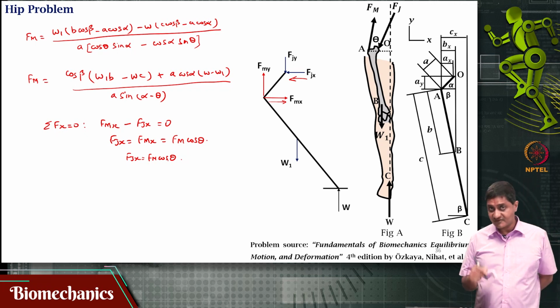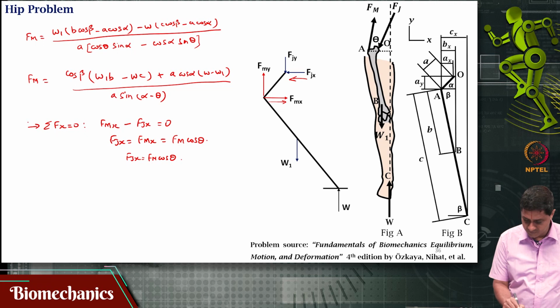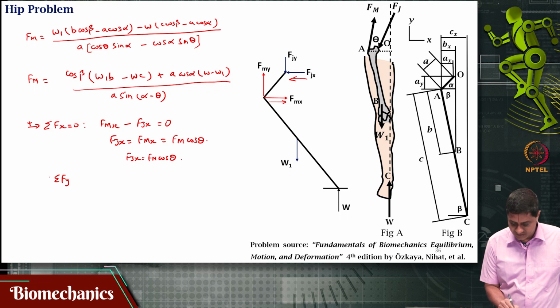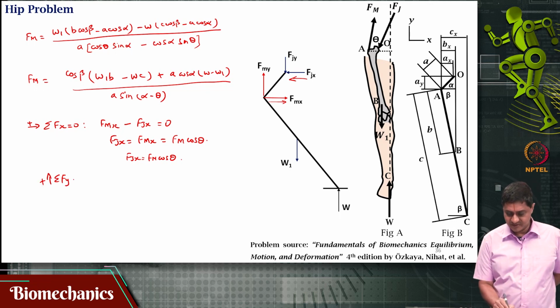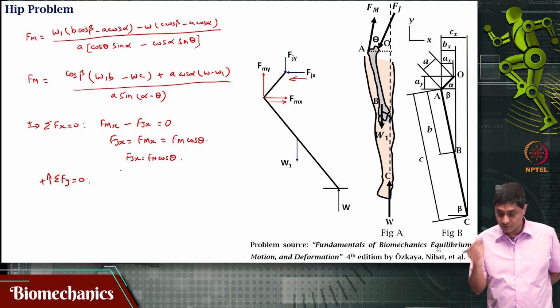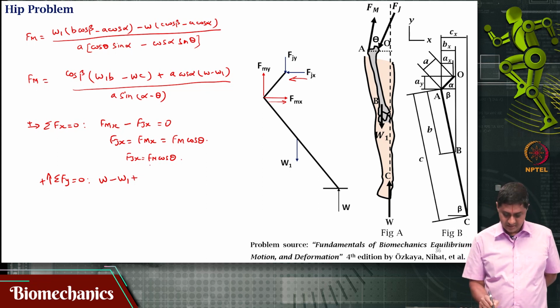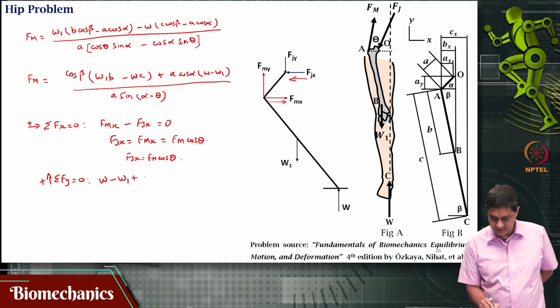We are not done yet, we have to find Fjy. For sigma Fx equal to 0, right side going is considered positive. For sigma Fy, upward force is considered positive. Whereas sigma Fy equal to 0, what are all the various forces? W is the ground reaction force that is acting in positive y direction. W1 is the weight of the leg that is acting downward. W minus W1 plus what else? Fmy is in positive y direction, plus Fmy minus Fjy.